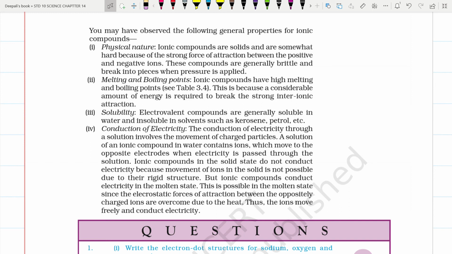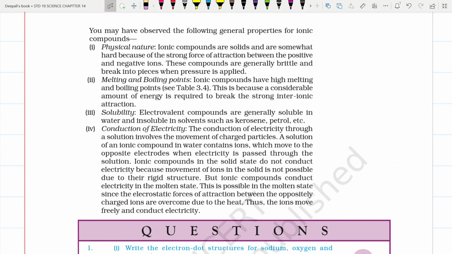So, we can say they are brittle solids and crystalline in nature. Melting and boiling points are very high, as we already saw in the table. The reason is that the energy required to break the strong interionic bond is very high, so their melting and boiling points are high.